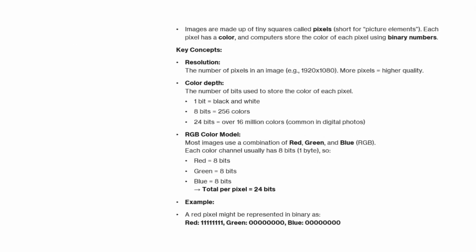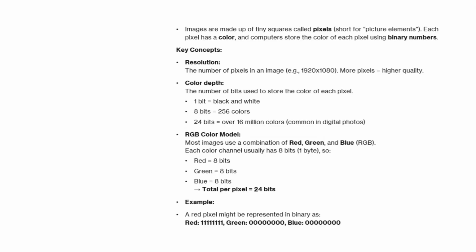Images are made up of tiny squares called pixels. Each pixel has a color, and computers store the color of each pixel using binary numbers. We are going to look at some key concepts, like the resolution, the number of pixels in an image, for example 1920 multiplied by 1080.